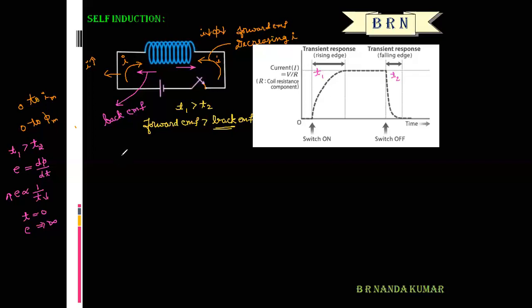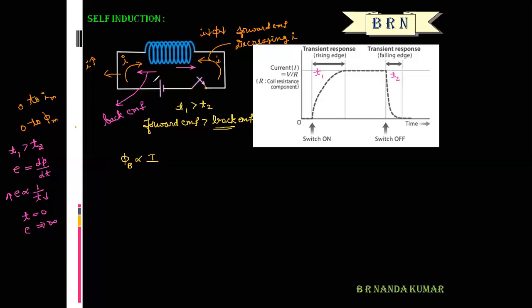The magnetic flux linked with the coil is directly proportional to the current flowing through it, right? The magnetic flux linked with the coil is directly proportional to the current flowing through the coil.